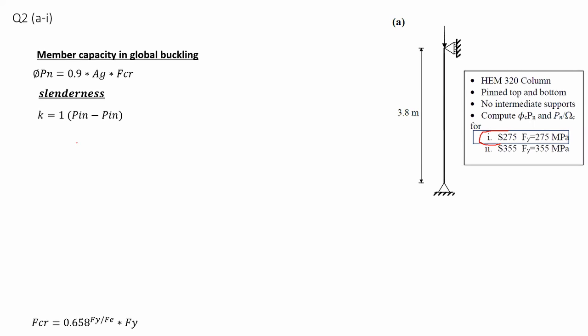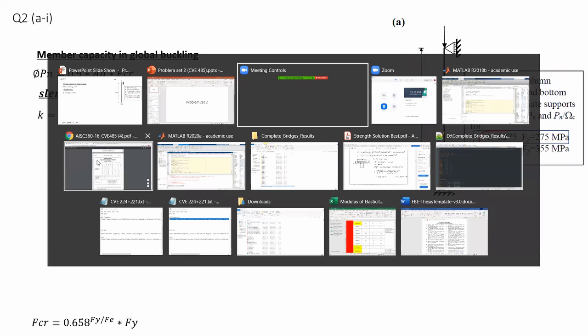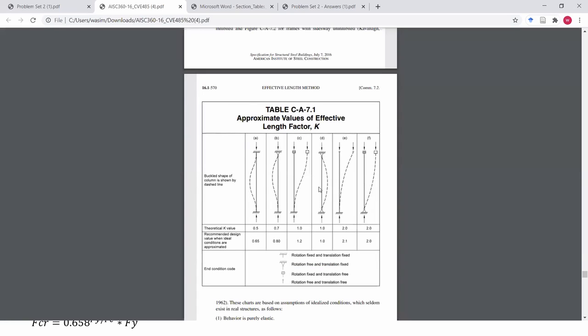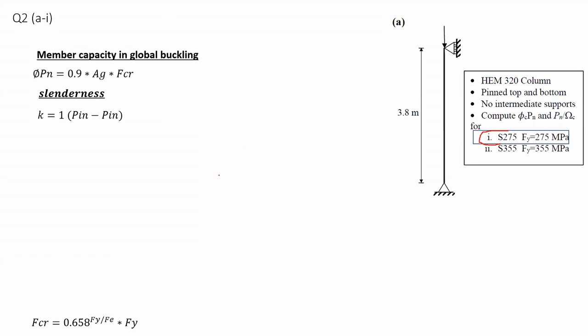Why do I do that? Because from the AISC, if we take a look here, we can see that in the case where the column is pin-pinned, the theoretical value of K is equal to 1. Now, going back to the problem, we have K.